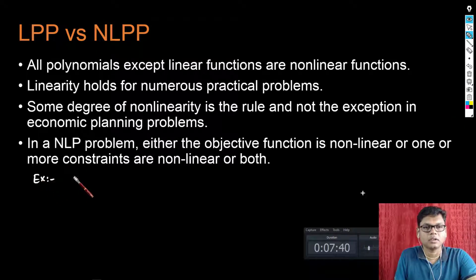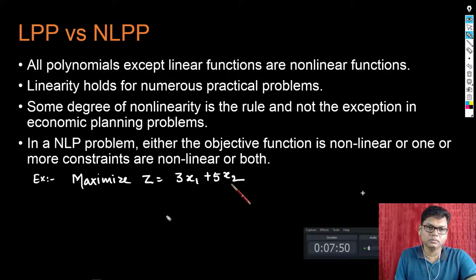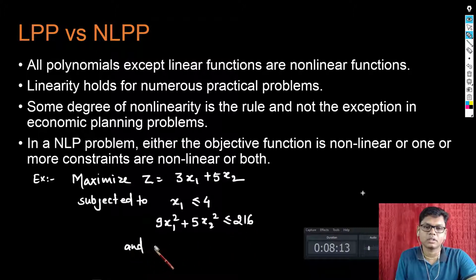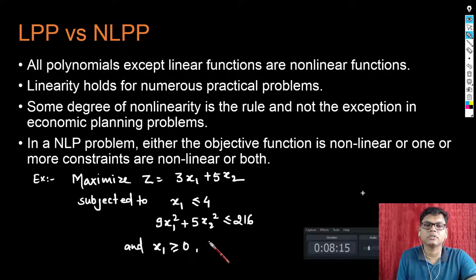Maximize z = 3x1 + 5x2 subject to x1 ≤ 4, 9x1² + 5x2² ≤ 216, and x1 ≥ 0, x2 ≥ 0.